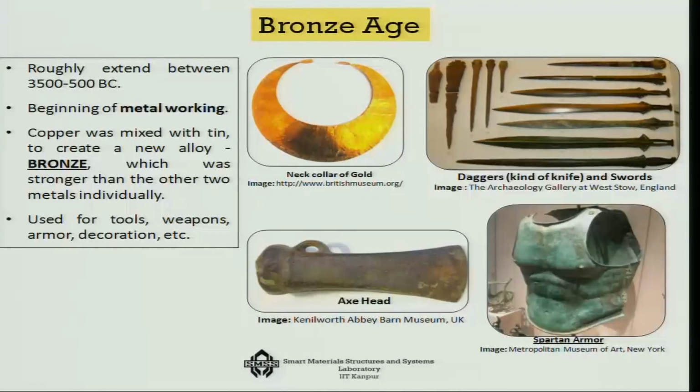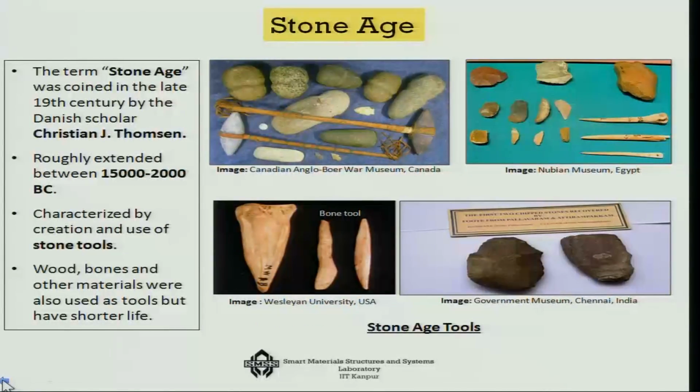If you look back at the Stone Age, that is the beginning of the usage of materials. This Stone Age continued from about 15,000 before Christ, when Homo sapiens was just evolving, till about 2 to 3,000 before Christ, depending on the area we are talking about.